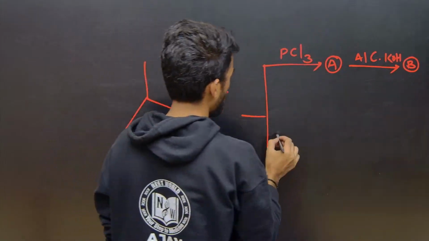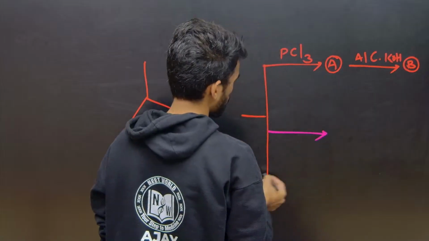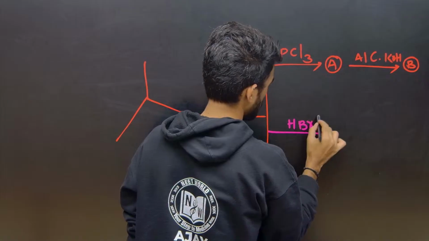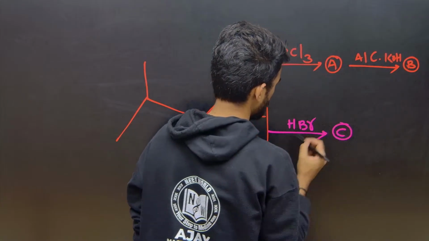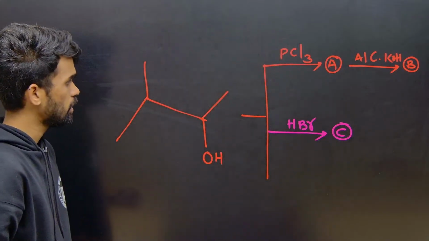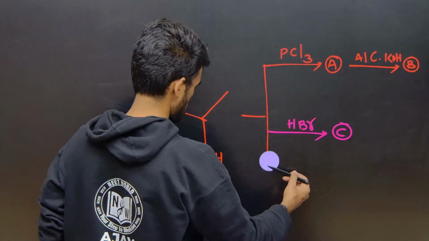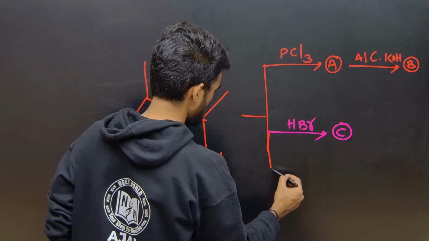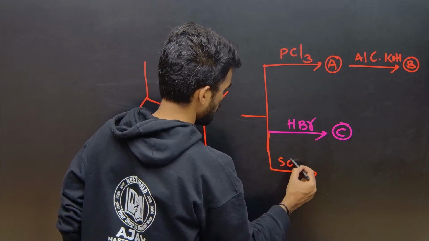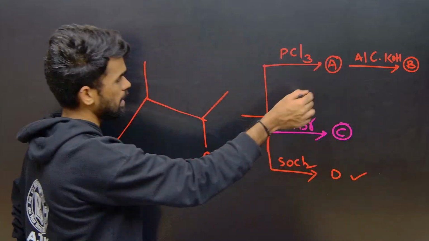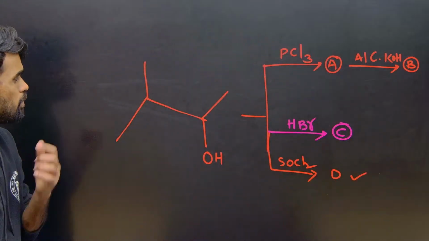Now I am writing this same reaction with HBr. What is the product formed here? And I am treating this with SOCl2 to get D. So what are these products A, B, C, D? Just simple reactions these are.